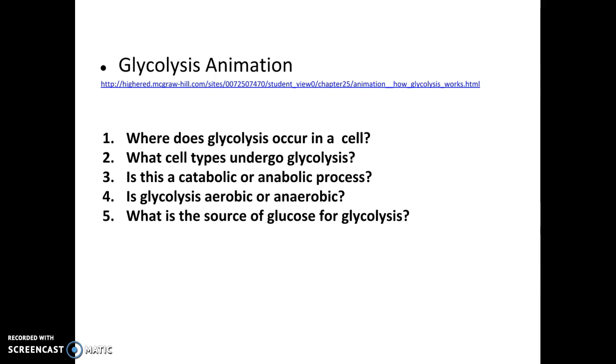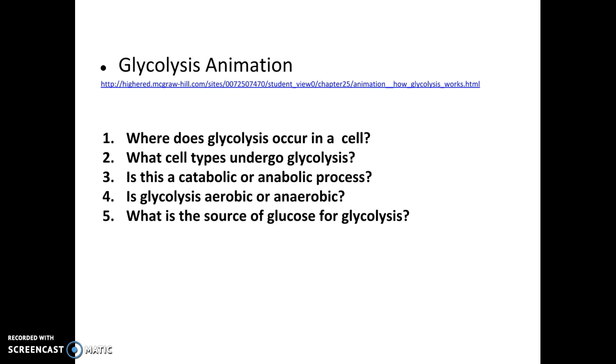And in doing so, it is going to generate two ATPs more than it used. So it's going to use two ATPs, generate four ATPs, and thereby have a net gain of two ATPs. It's also going to have a net gain of two NADHs.